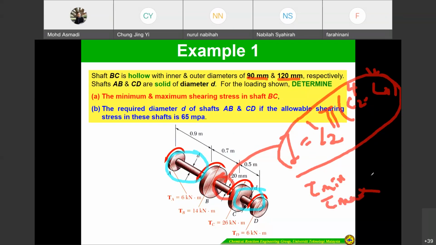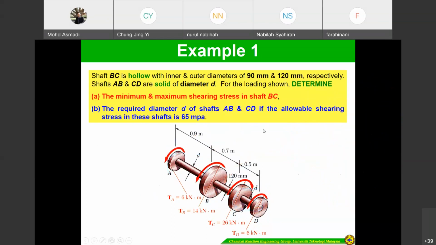And then the required diameter D of shafts AB and CD. The allowable shearing stress in this shaft is 16, so this one is tau, the allowable stress. Tau, not T, sorry. It's tau always.